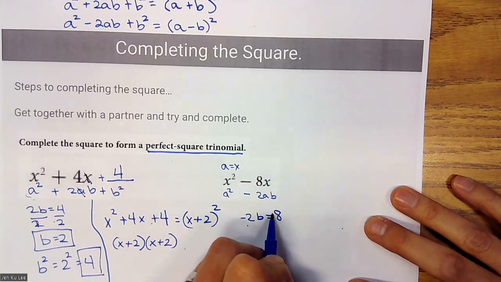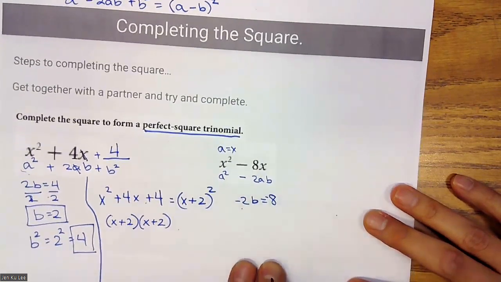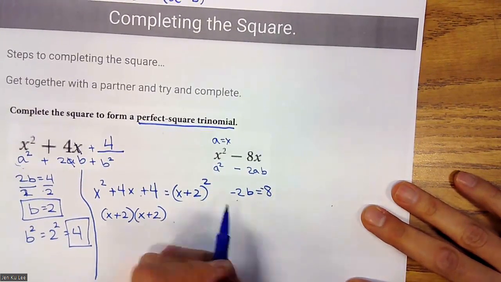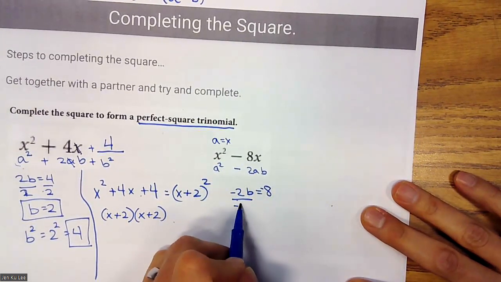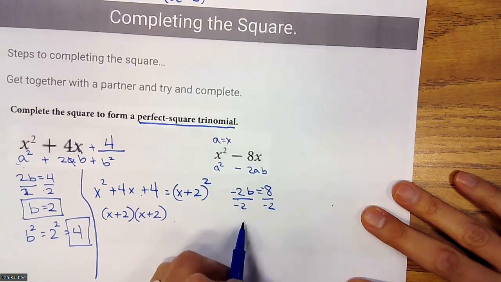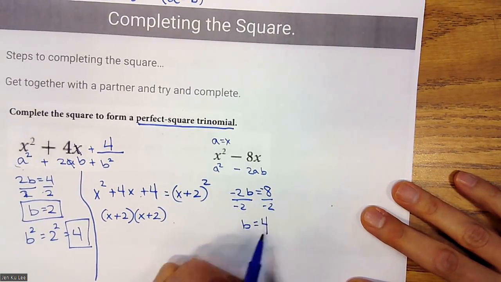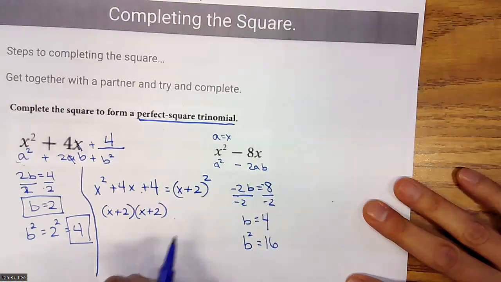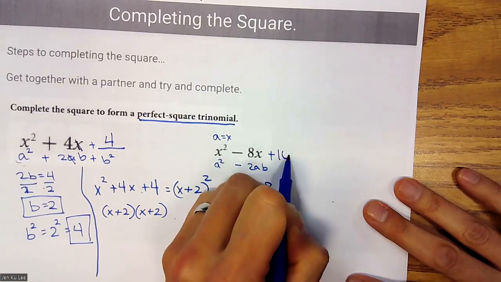I want to put that negative in there too. Negative 2b equals negative 8. So we divide by negative 2 on both sides, and b equals 4. We square that value to get 16. So I know I'm going to add 16 to here.